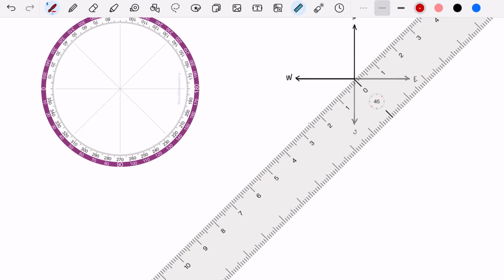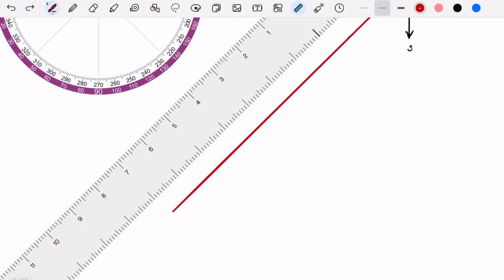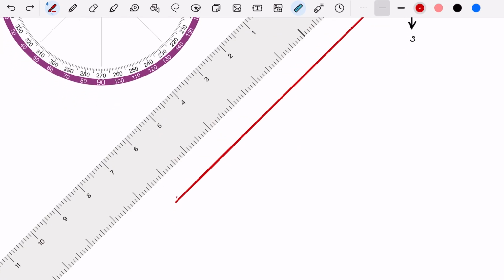Alright, yep, that's it. So that's my 0. So I'm going to draw 10 centimeters to represent vector M. Alright, like that. Alright, so this is my vector M.